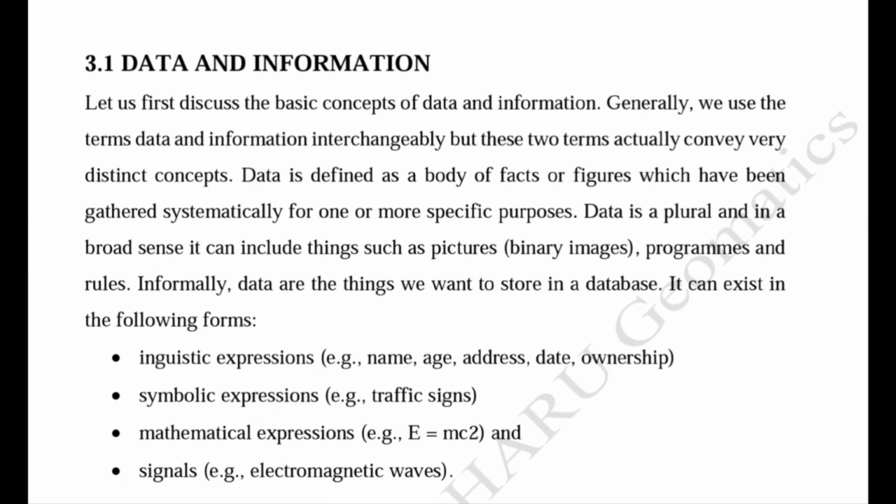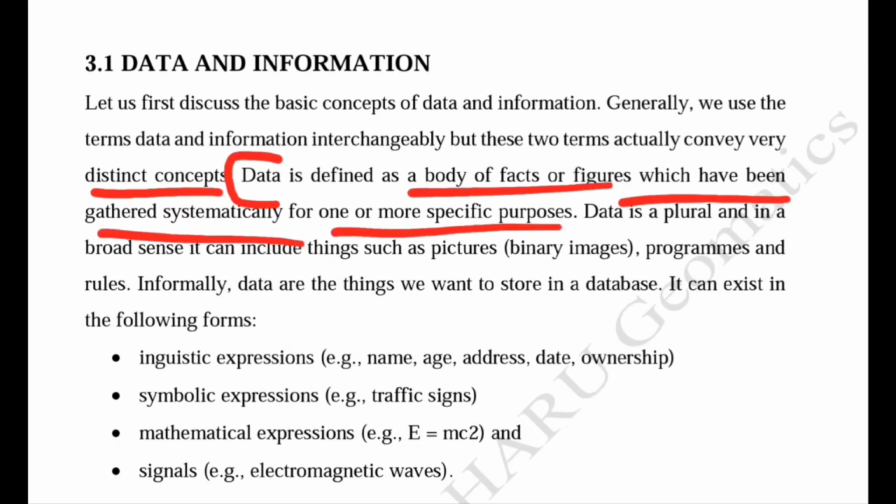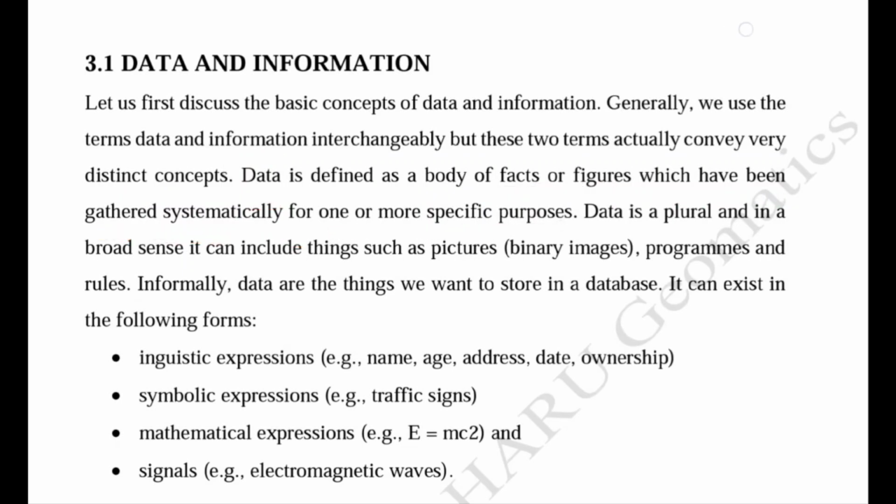Now the first topic is data and information: what is data and what is information. We have interchanged these two terms, but they are very distinct concepts. Data is defined as a body of facts or figures which have been gathered systematically for one or more specific purposes.